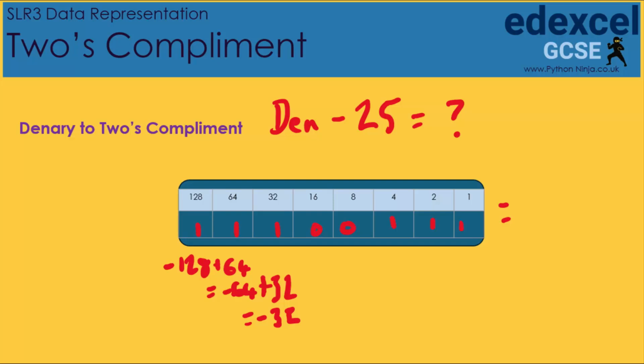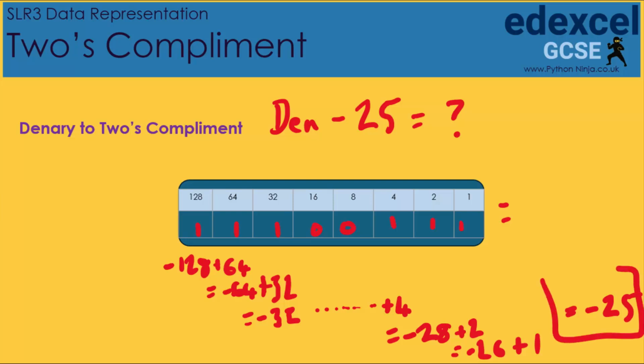Okay, so we go from minus 32 plus 4, which is equal to minus 28. Minus 28 plus 2 is minus 26. Minus 26 plus 1 is minus 25. So having reverse engineered this, we can confirm that this is indeed minus 25 as a signed integer binary number.